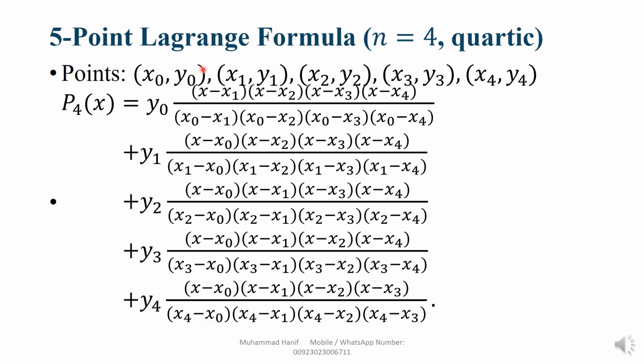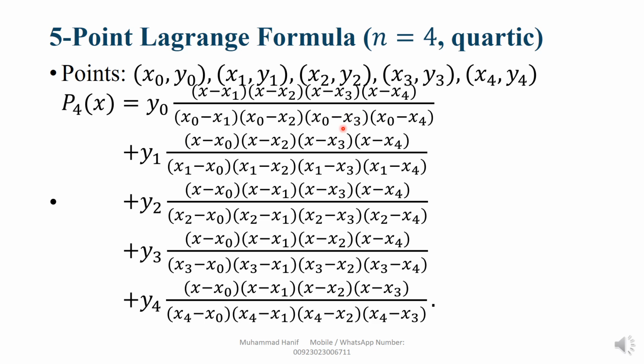Now you can see here the same process we will follow, y0 and x0. If we use x0, then minus x1, x0 minus x2, x0 minus x3, x0 minus x4. This is a very simple Lagrange interpolation formula.